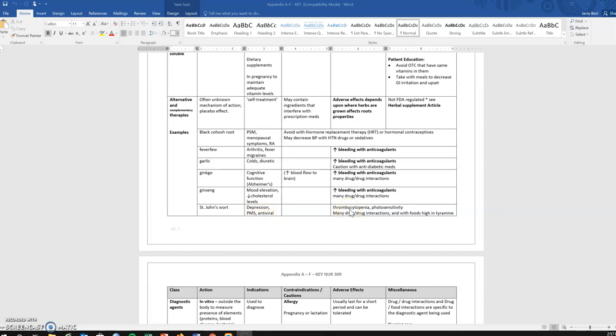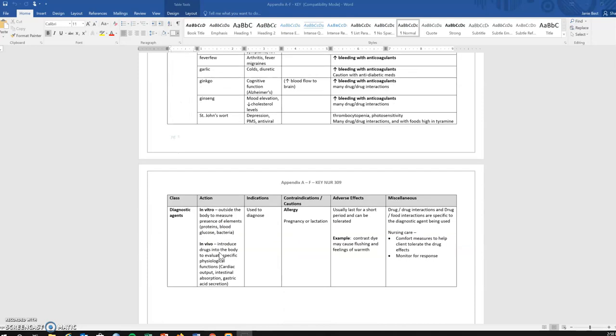The problem with St. John's wort includes photosensitivity and thrombocytopenia. Again, it has many drug interactions, and it interacts with foods high in tyramine, which we will find later becomes very important when you're taking medications that also impact tyramine levels. And we'll learn about that later in the semester.